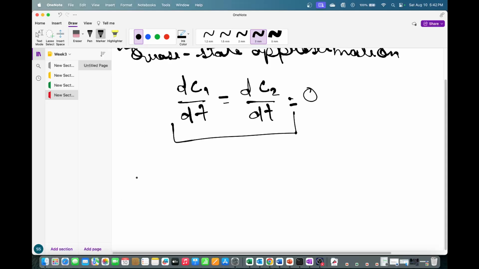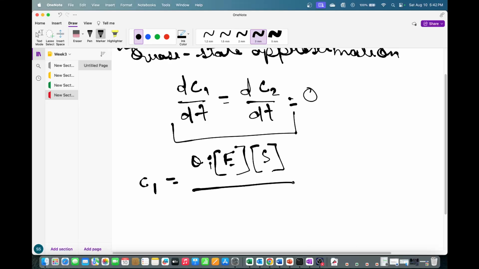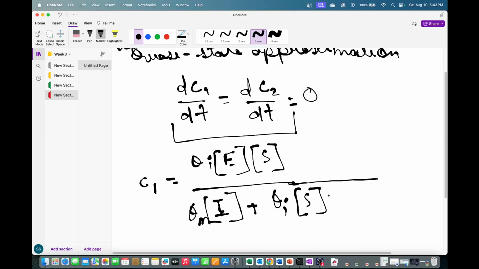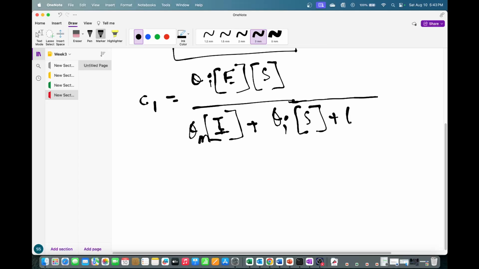If you solve this, and if you put these values and solve all the differential equations, what you'll get is C1 equal to theta I E S, this is I by the way, theta, and what these mean I'll write down later, over theta M into I plus theta I into S plus theta M into theta I. So your theta I here is given by k of minus 3 by k3.